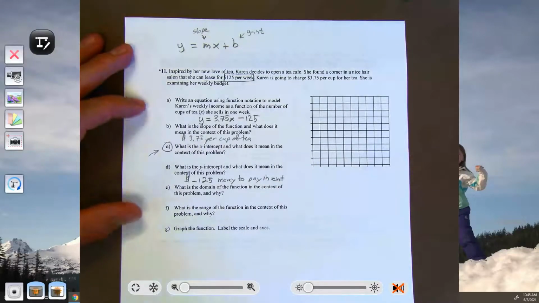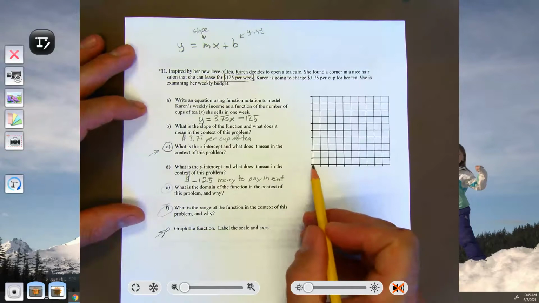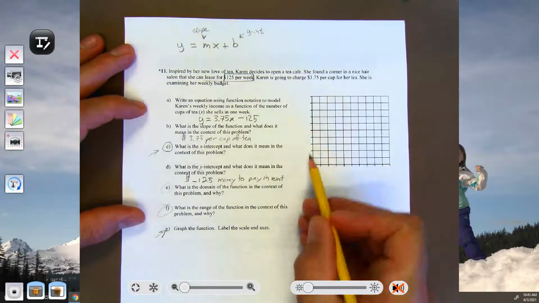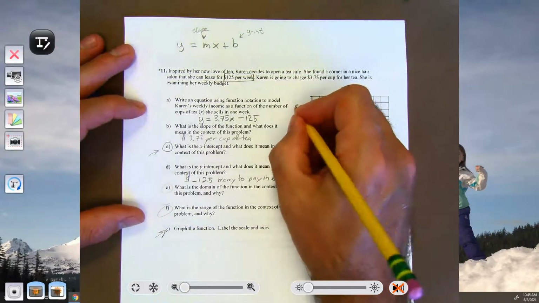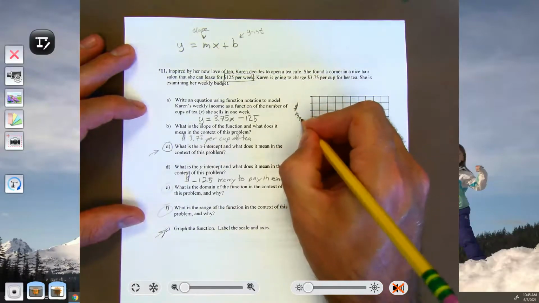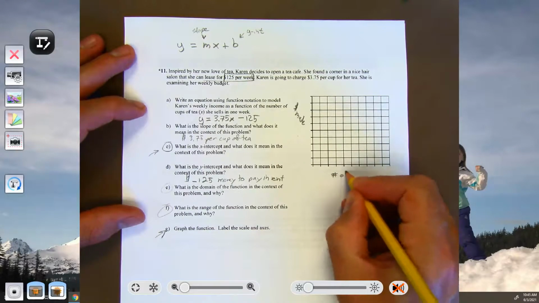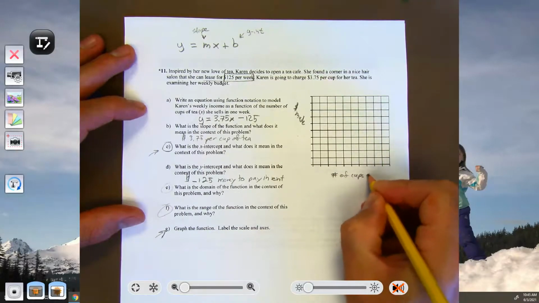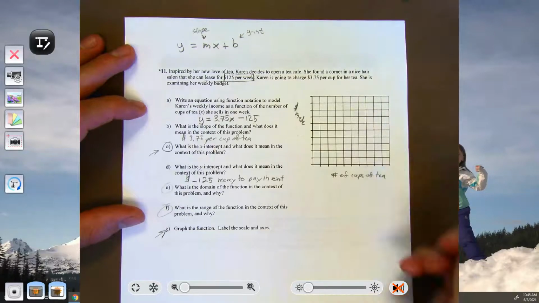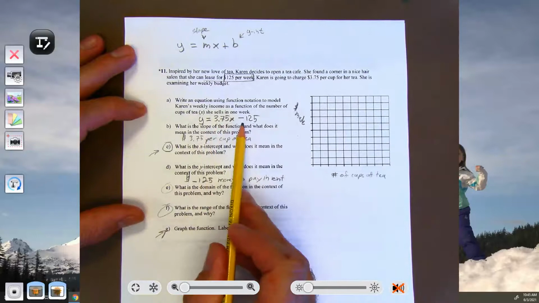We'll talk about domain and range later. But let's graph this so that we understand what's going on. This is the amount of money made, and this is the number of cups of tea. We have to graph this line and where it starts.